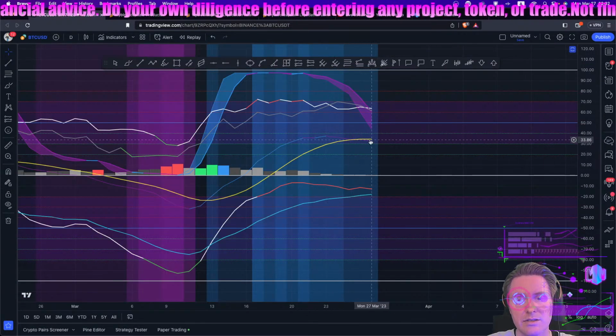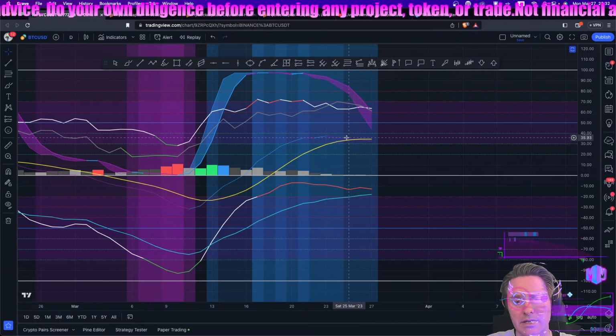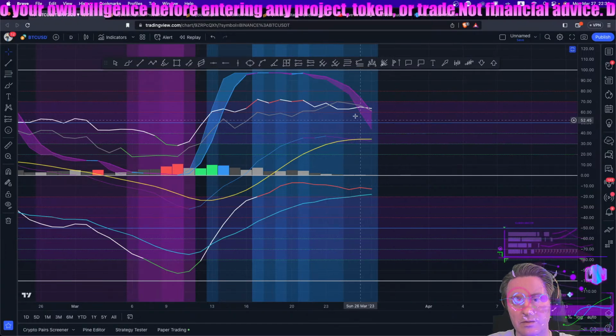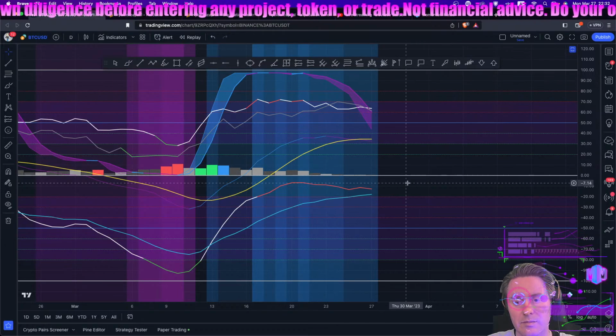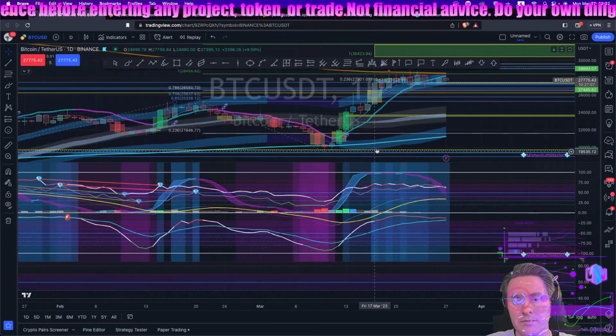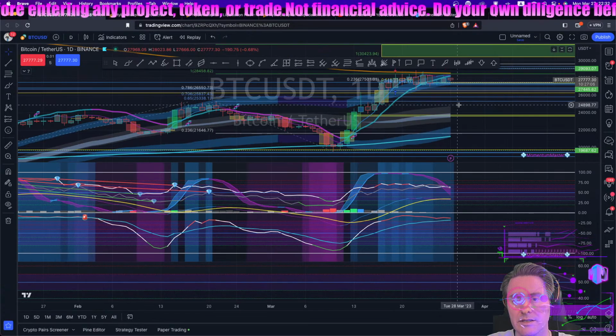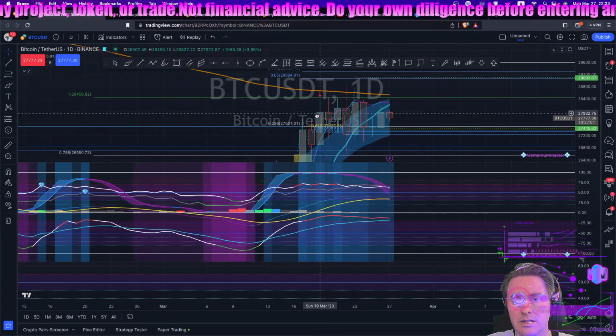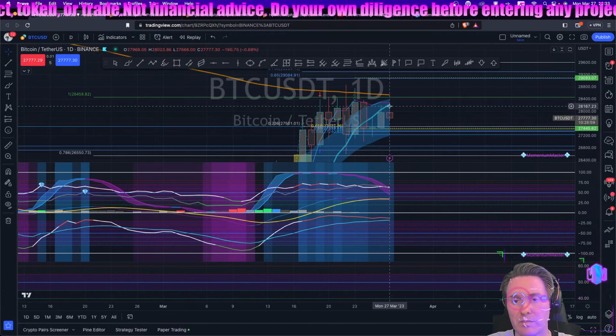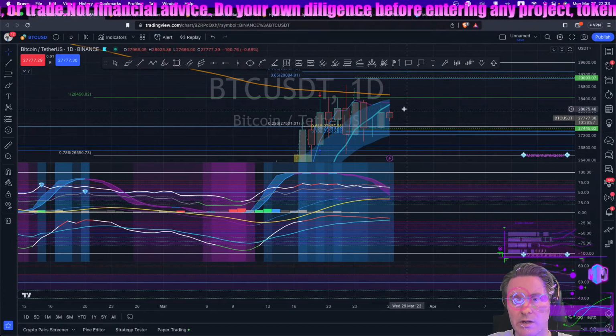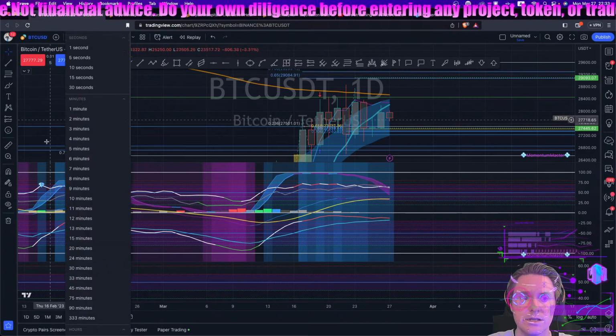So the MACD crossed on the daily time frame, and so that could be a front run for this coming down completely. So the MACD did cross on the leading MACD, and you are getting the baselines above the price about to cross here as well on the daily time frame for BTC.